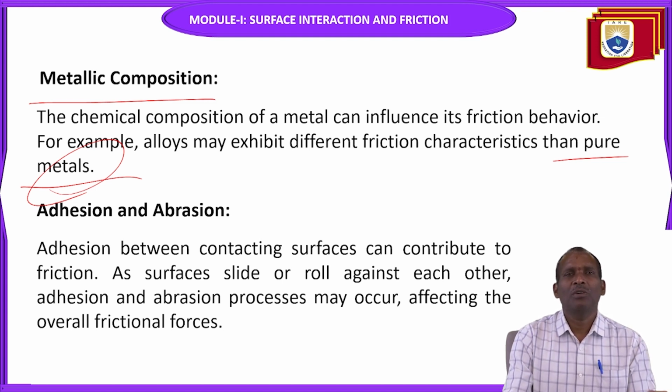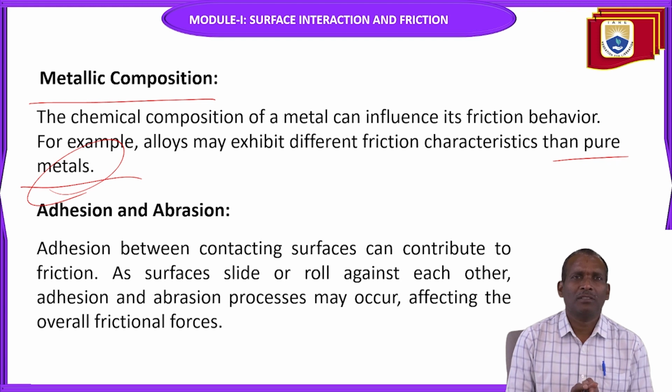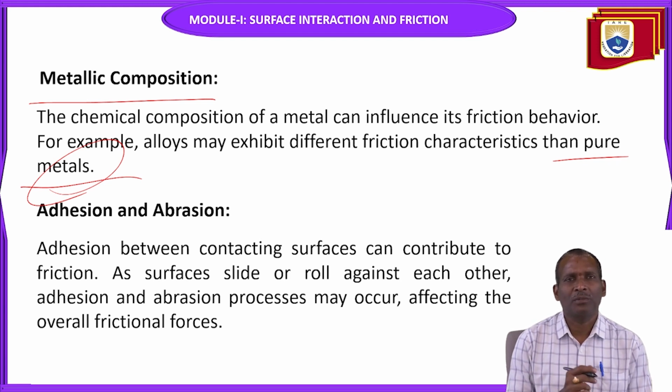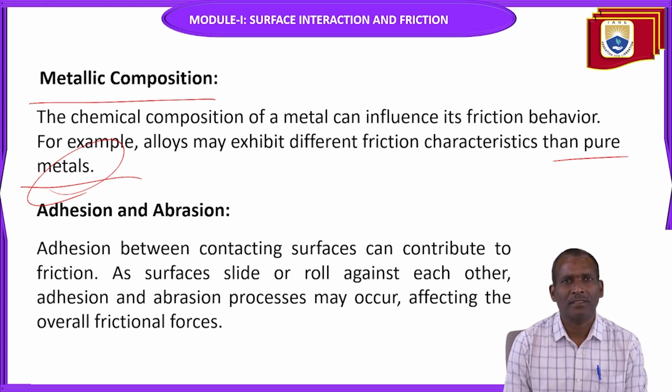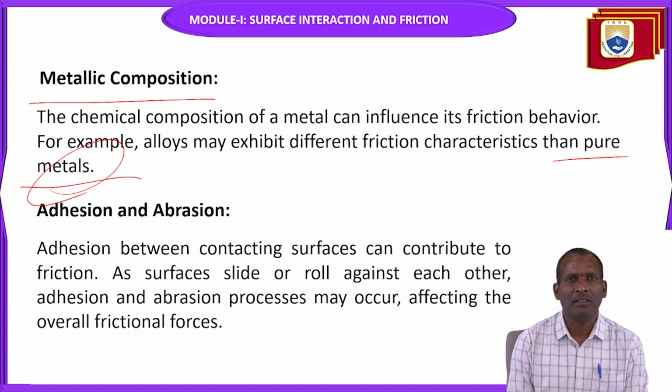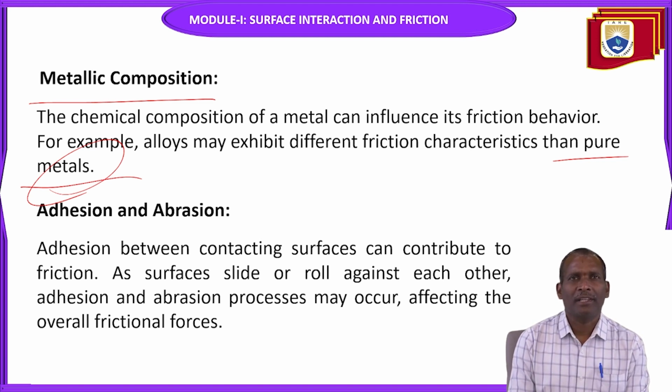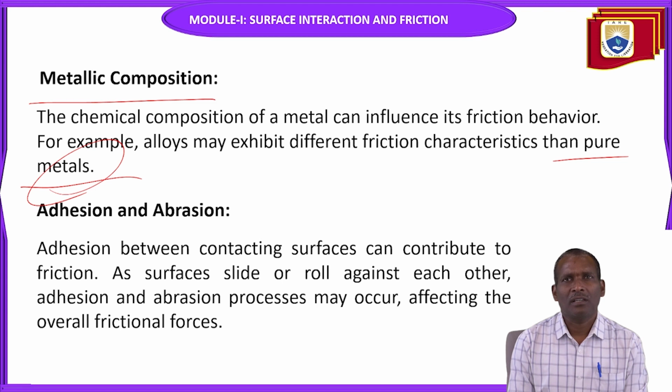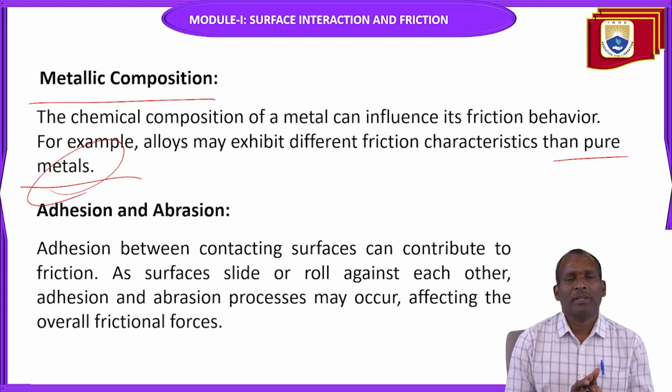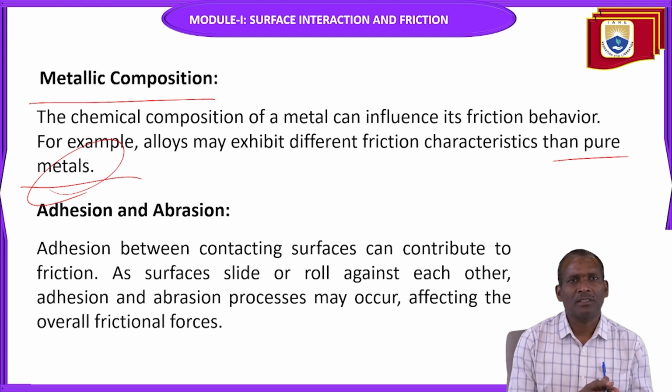To improve the properties of the material, you can use different metals. The combination of metals gives an alloy, and due to this alloy, it exhibits different friction characteristics. So alloys are used for different applications, different machine elements, so the metallic composition also influences friction.